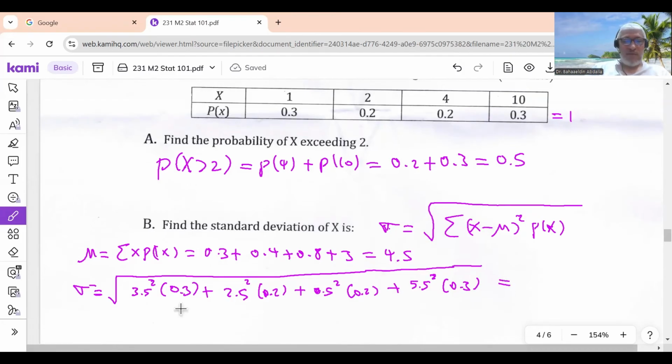And you put all of these in the calculator and you find the number. The answer would be 3.748, and this would be the same number if you use the calculator as I told you.